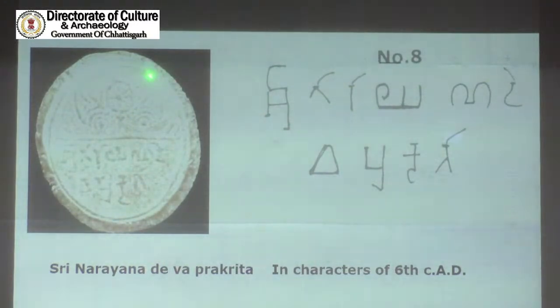Above, you will have some motif. There will be a bifurcating line, and you see the Gupta, post-Gupta characters, tripartite ya. Narayana, see here, Sri Narayana Deva, Deva Prakriti. Prakrita. We don't know exactly what it connotes.